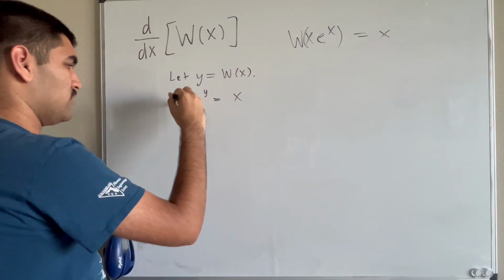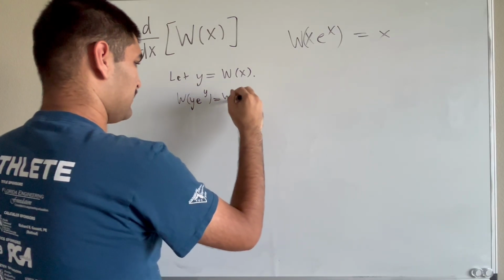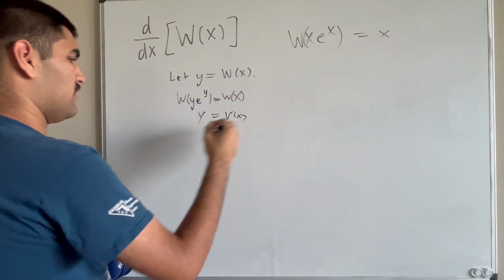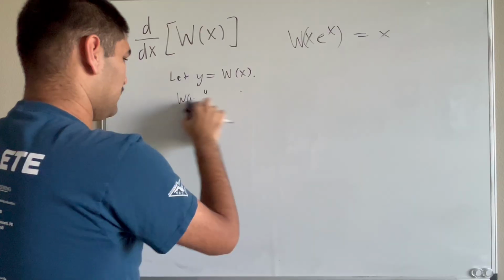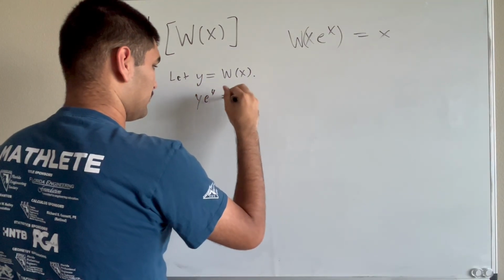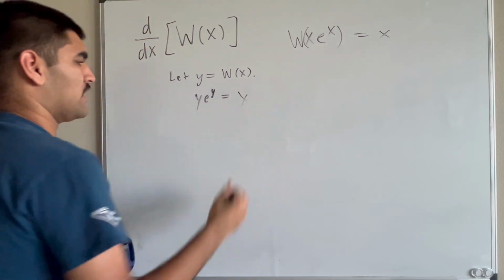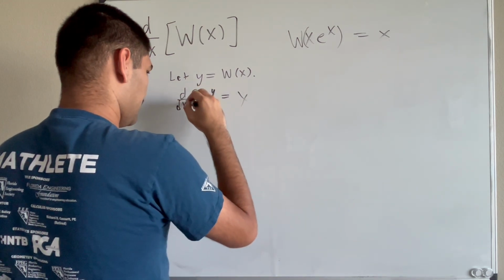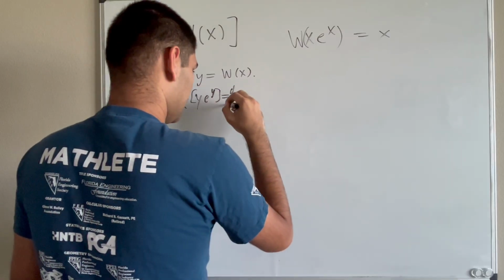Because if you take W on both sides, W of y e to the y actually gives you y, and then you get W of x. So you get that y e to the y is equal to x. Now you will differentiate both sides with respect to x implicitly.